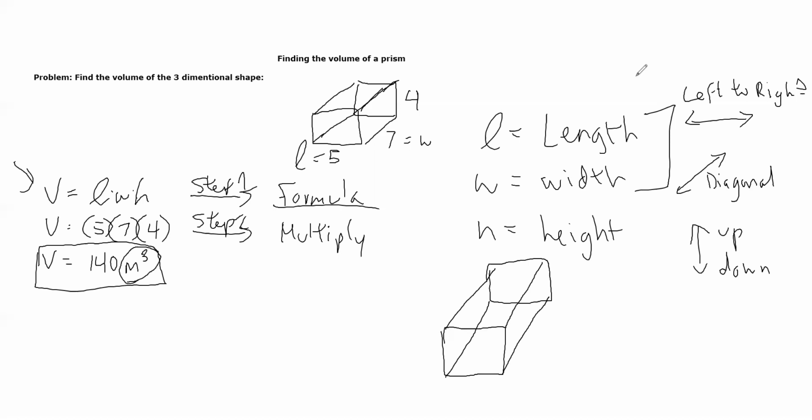For example, if I'm given 140 meters squared, this is referring to area because they're saying that there's 2 dimensions, right? I'm just dealing with length and width.